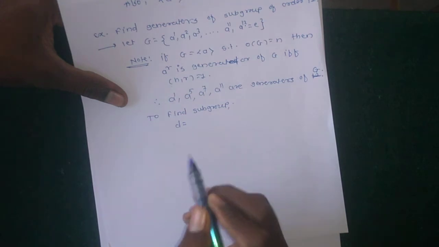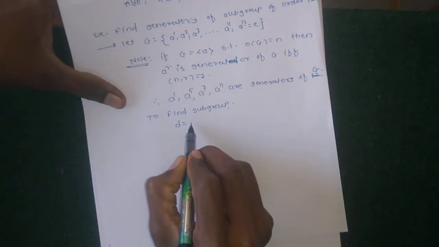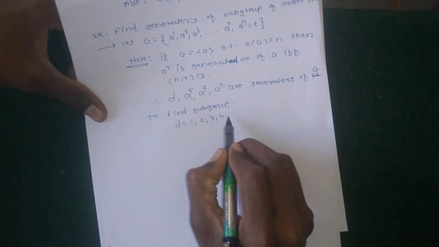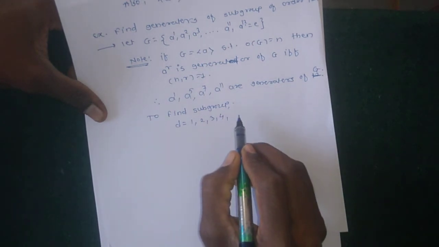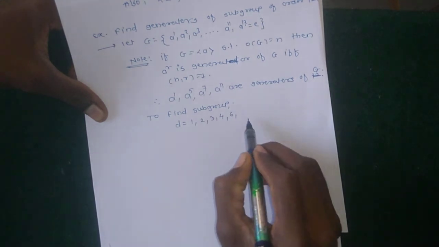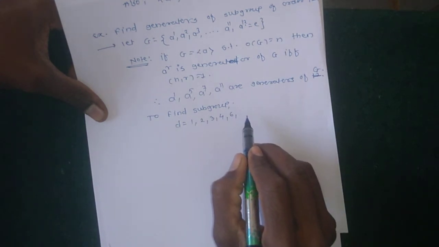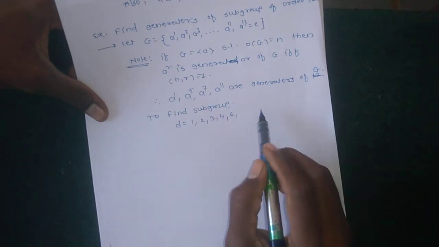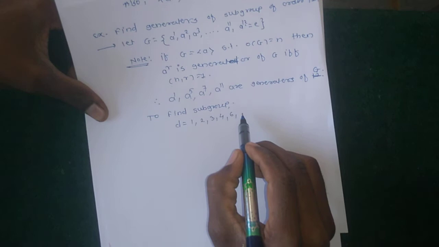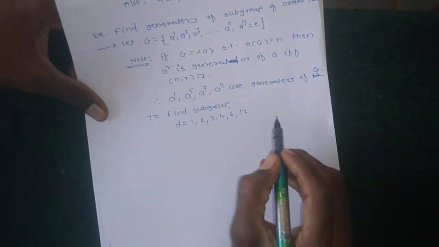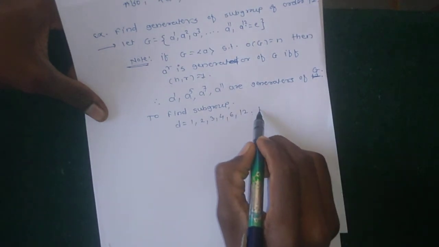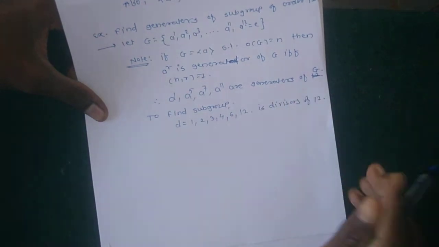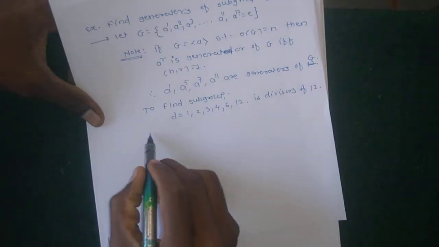What are the divisors of 12? 1, 2, 3, 4; 5 is not a divisor of 12; 6 is a divisor of 12; 7, 8, 9, 10, 11 are not; and lastly 12. These are the divisors of 12.